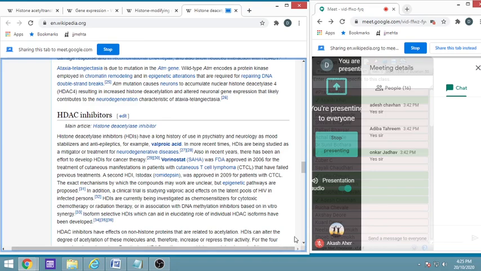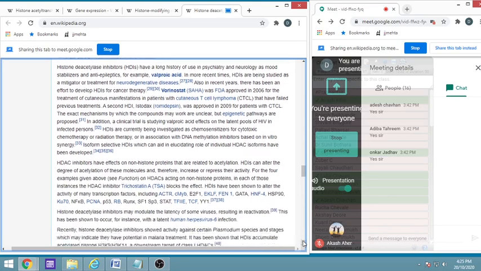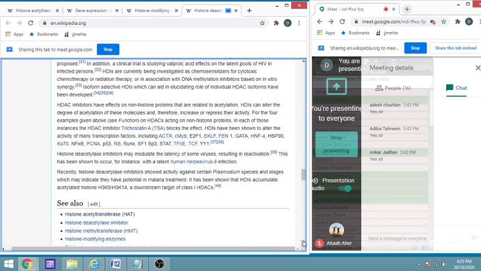Then some also modulate the latency of some viruses resulting in reactivation, and it is shown to occur in some herpes virus 6. So this is another one.